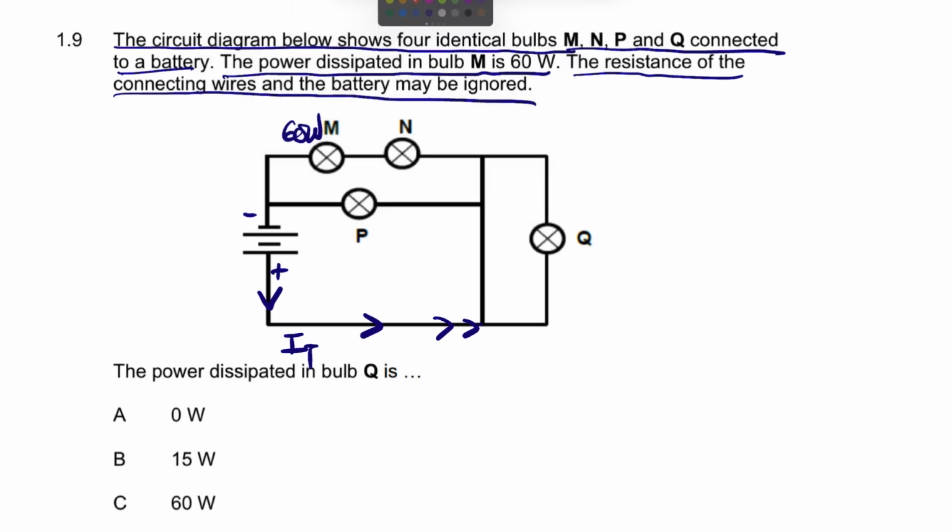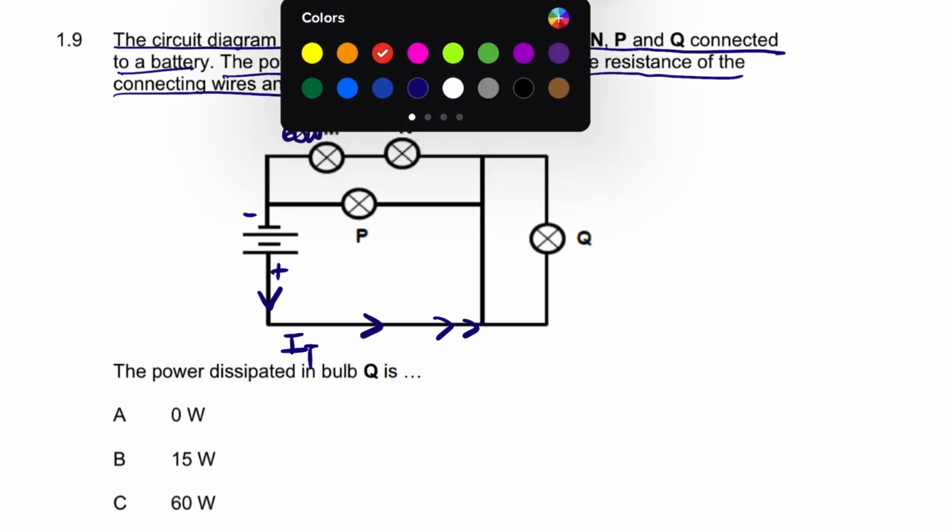The current is supposed to split because there's a junction, but if you look at this junction here, there's no resistance at all, it's only a wire. And they told us the resistance of the connecting wire and the battery may be ignored. So when the current gets here, there's no split, it will go straight, as it is.